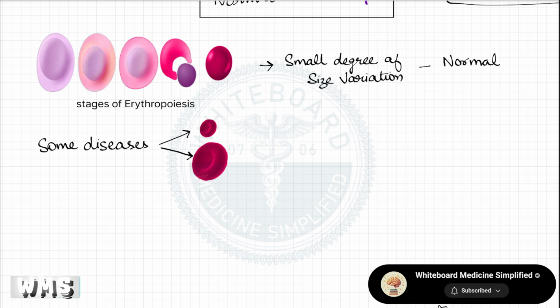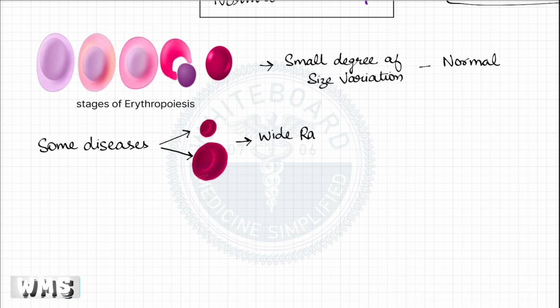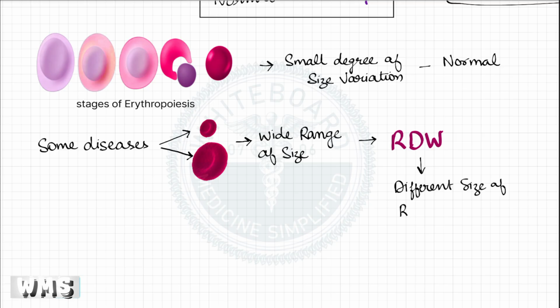So when the RBC population has a wide range of size, some small size, some normal size, and some large size, this increased size variation is captured by the RDW, red cell distribution width. So in simple words, the RDW tells us how much the different sizes of RBCs are present in the bloodstream.